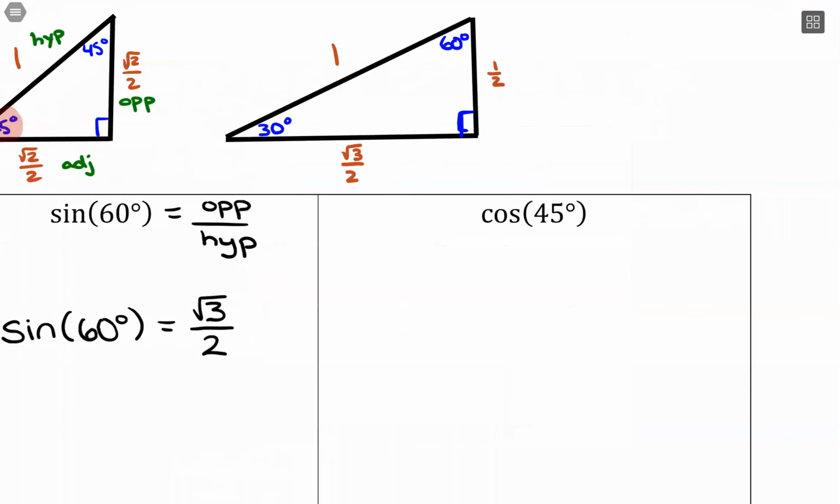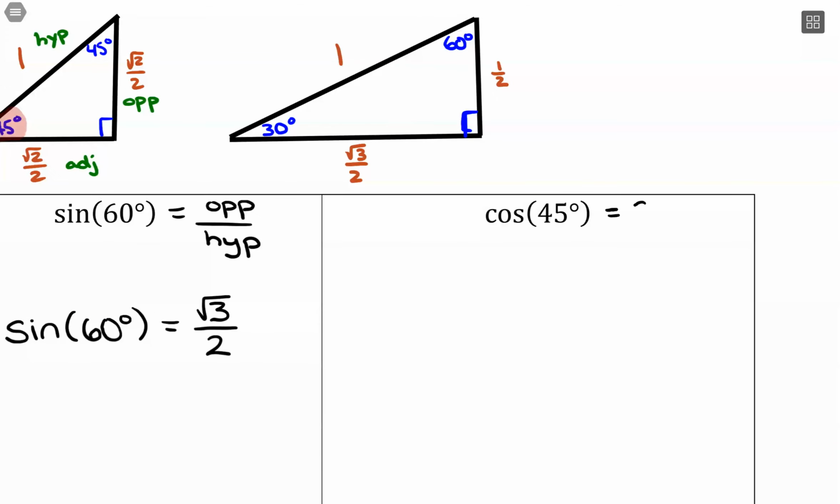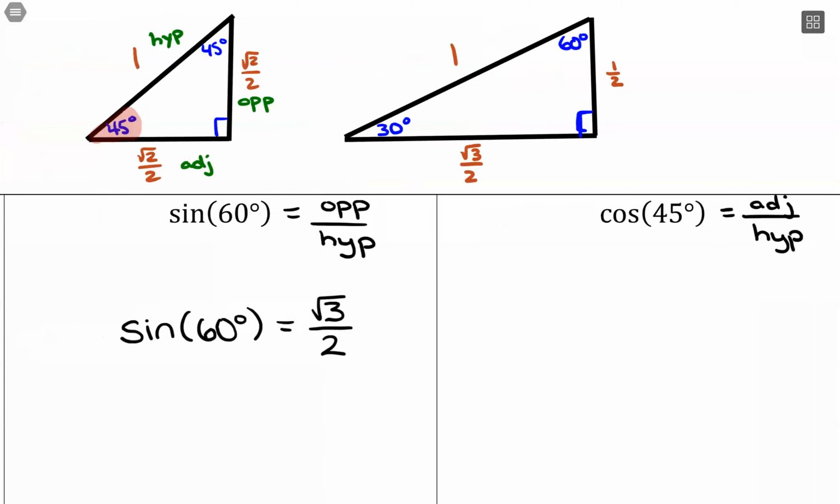All right, cosine of 45 degrees. So that's our adjacent over hypotenuse. So the 45 degrees, root 2 over 2 over our hypotenuse of 1, which means that will just be that root 2 over 2.